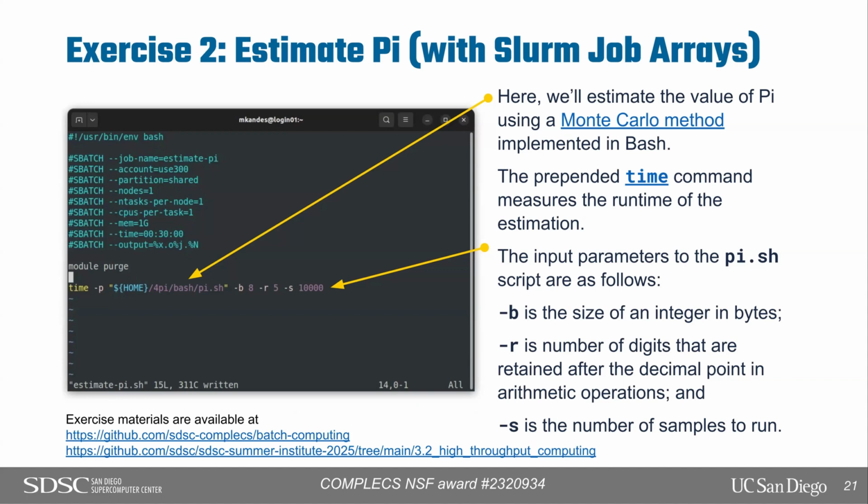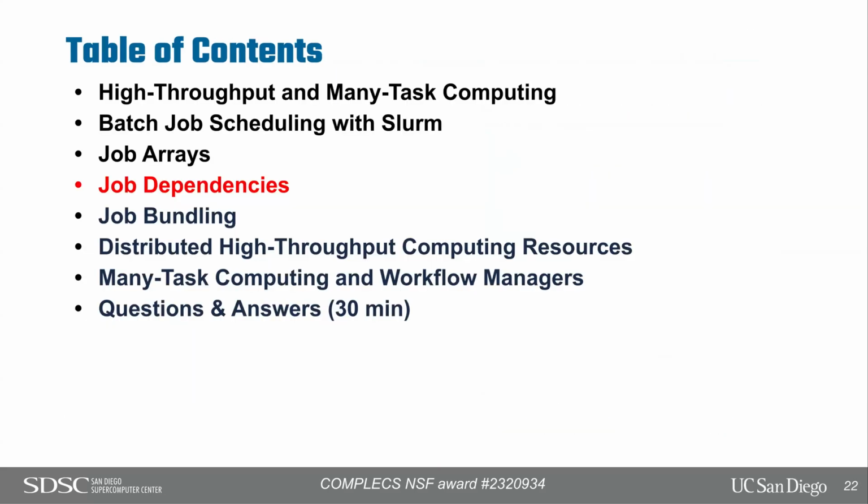When we get to the exercises, I use a simple Monte Carlo program that calculates an estimate of pi. So we'll skip over here, but you can come back here for reference. We'll talk about it when we get to the exercise.